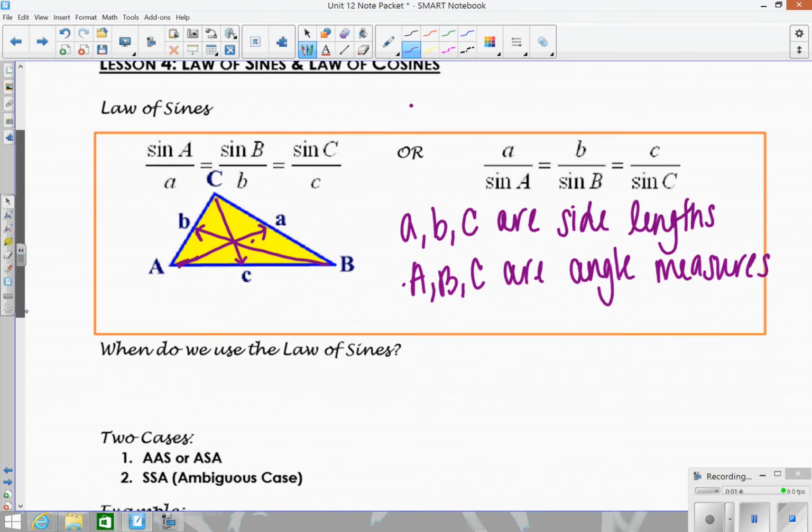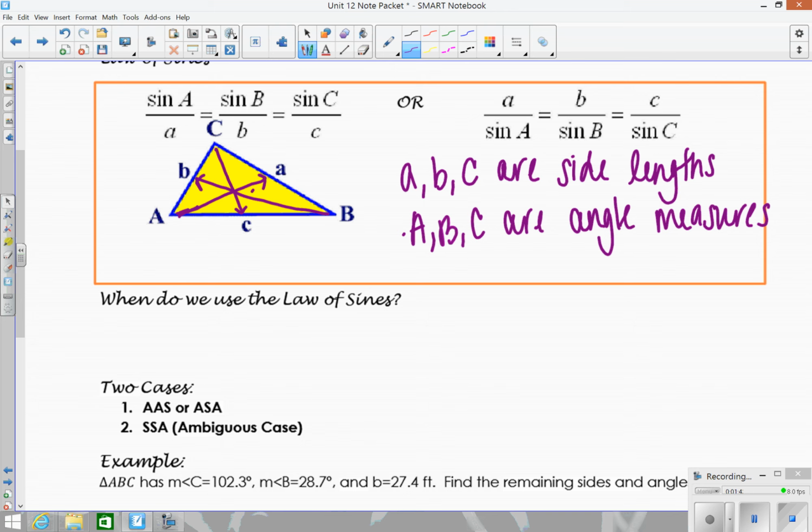So when do we use the law of sines? We use it whenever we want to find a missing side or an angle of a triangle that's not a right triangle. We can't use SOHCAHTOA because that only works for right triangles.